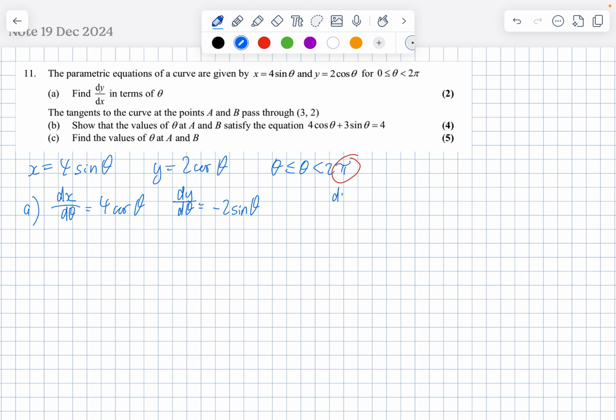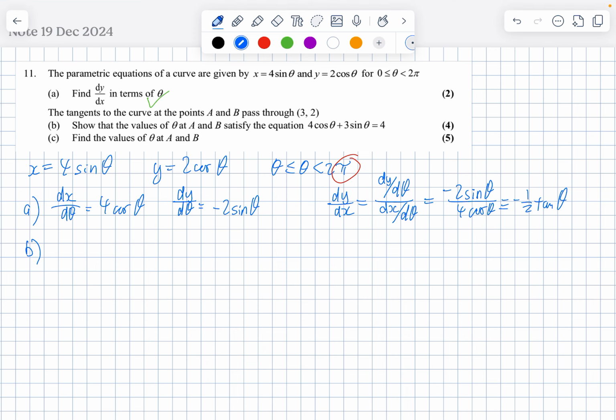So that means that dy by dx is equal to dy d theta over dx d theta. So that gives me minus 2 sine theta over 4 cos theta, which is the same thing as minus a half tan theta. Okay, so that's A taken care of.